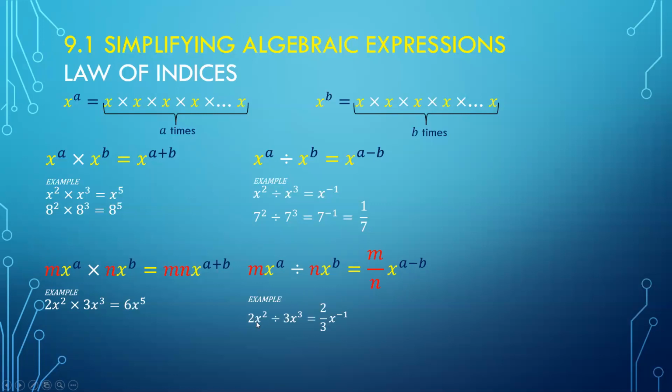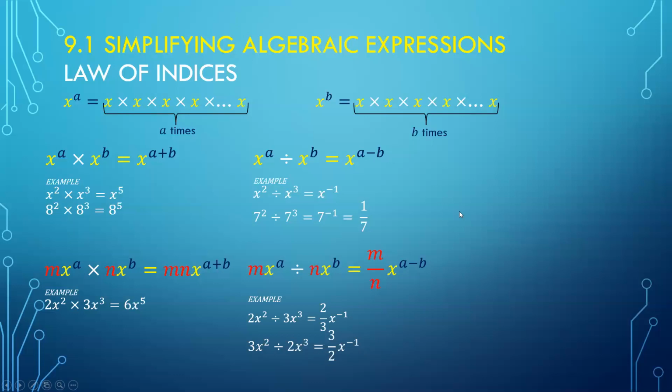For example, if we have 2x squared divided by 3x cubed, we divide 2 by 3, written as a fraction. For the x, the 2 needs to minus 3, and you get minus 1. This is how we write the answer. If we have 3x squared divided by 2x cubed, we write 3 first on top, and 3 is going to be divided by 2, written in this way. Then for x, 2 minus 3, you get minus 1.